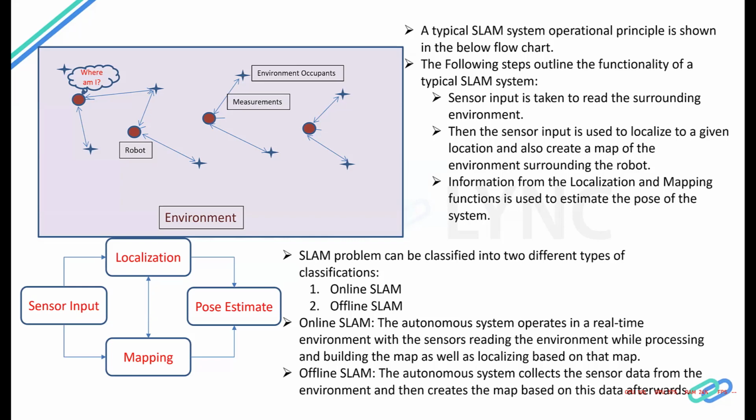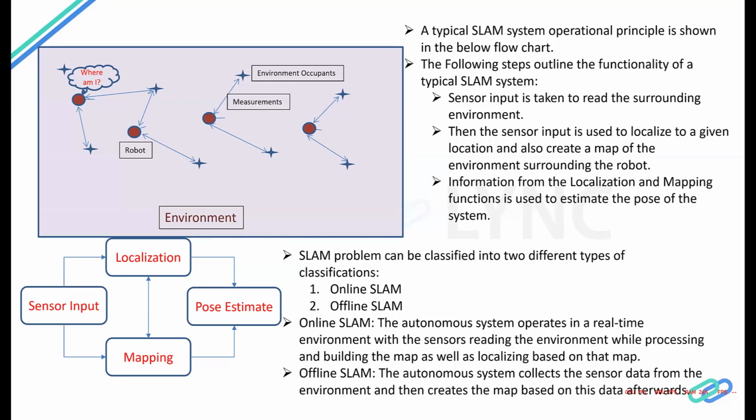It can be one function, it can be two functions. There are a lot of ways to design it. You're using the sensor information to localize the system and map the environment, and then estimate the pose of the system based on the output coming from the localization and mapping functions.